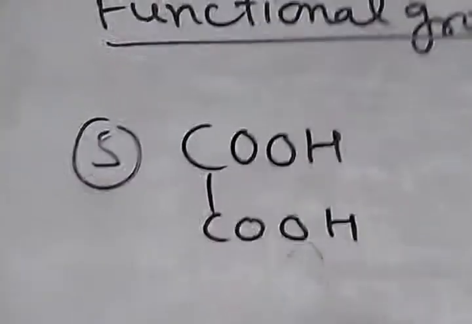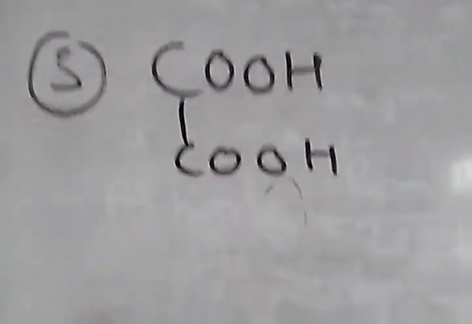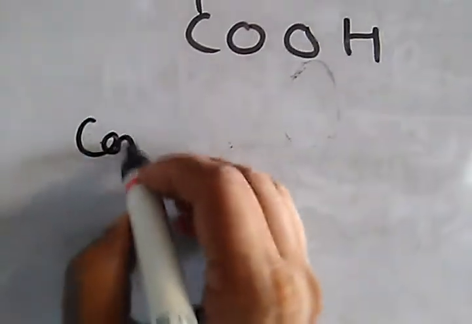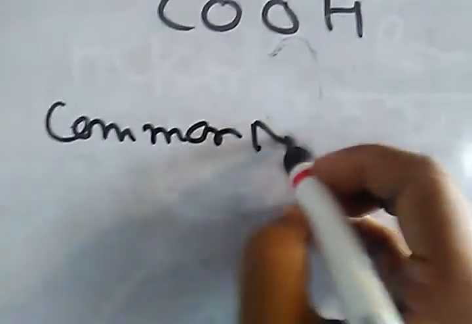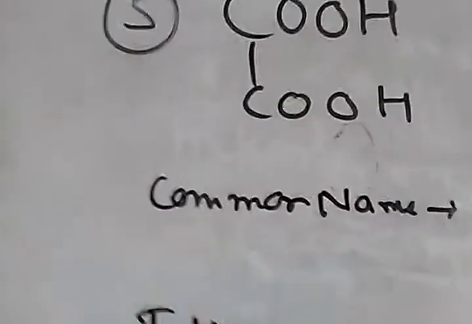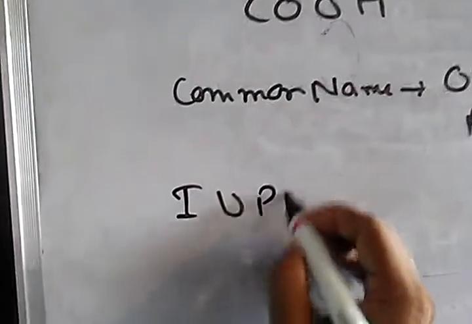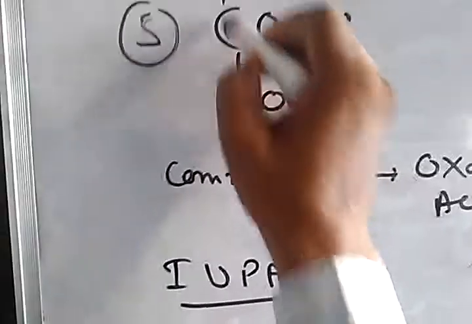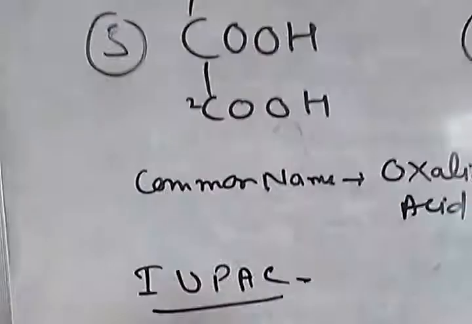Next example is COOH COOH. Its common name is oxalic acid. This oxalic acid is present in the tomato, etc. But its IUPAC name will be, there are 2 carbon atoms, 1, 2, and each has a COOH group.